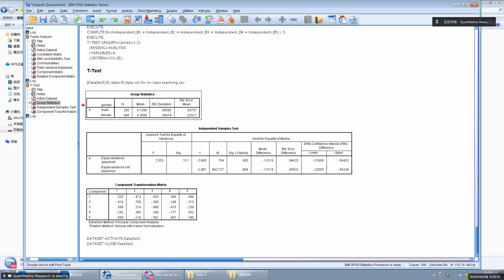In the bracket, you report what? The t and p, right? Yeah, t and p. Okay, this is the first sentence.